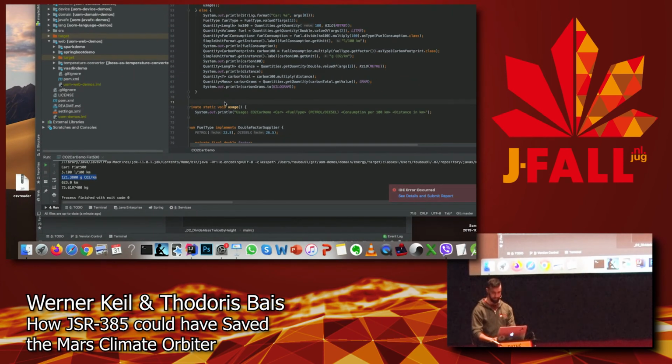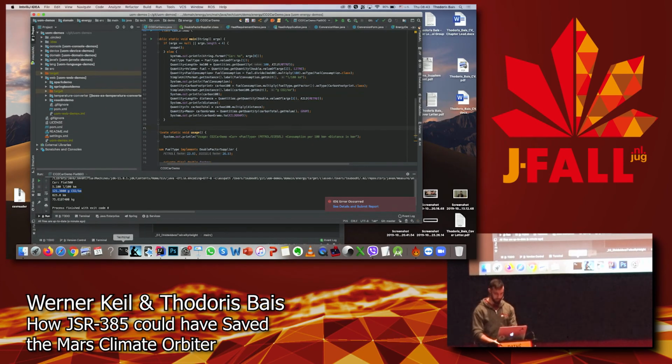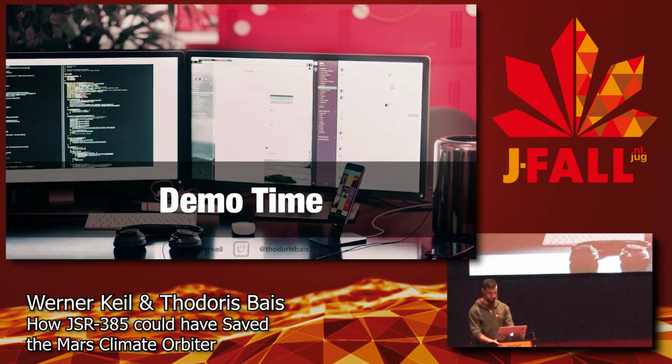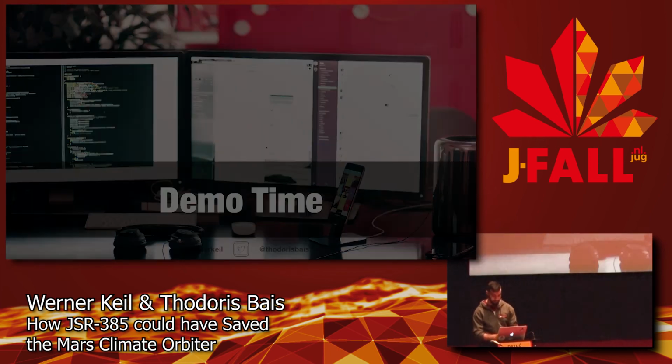You'll find all of this in our GitHub repo. There are also some other examples that show the differences between the temperature in absolute and relative. What Thodoris explained earlier with the Celsius problem led to a new addition to the API, where the quantity now has an additional enum called absolute or relative.